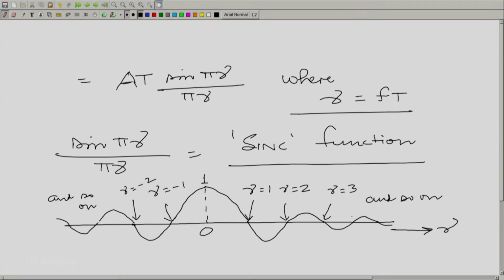As you see, the function decays in its oscillation as gamma increases, both on the positive side of gamma and on the negative side of gamma. At every integer it has a null or a 0. At gamma equal to 0 it takes the maximum magnitude of 1, and subsequently the magnitude only keeps going down.